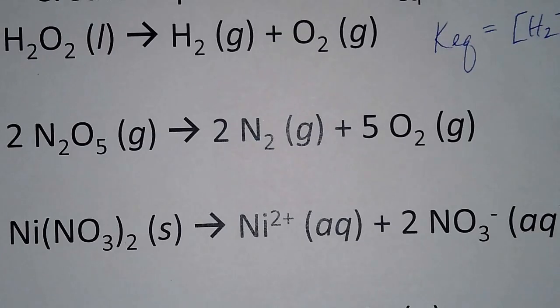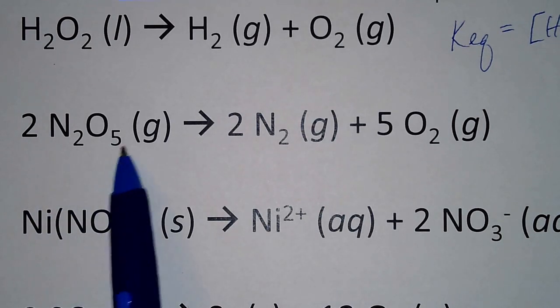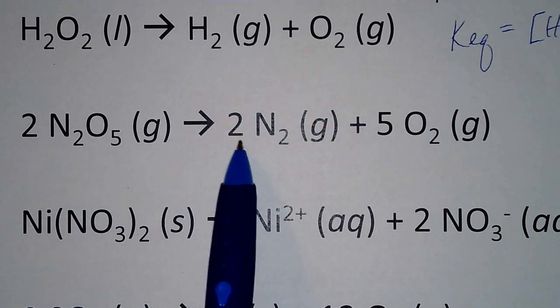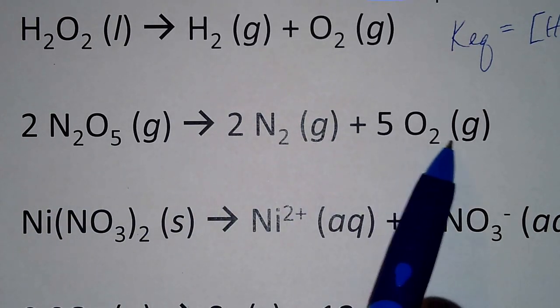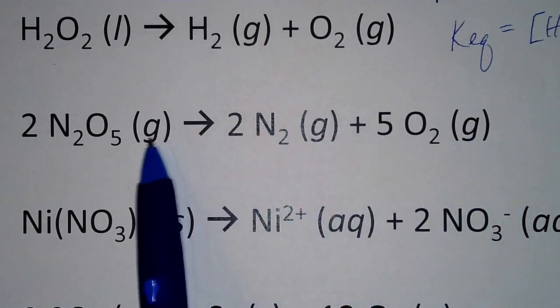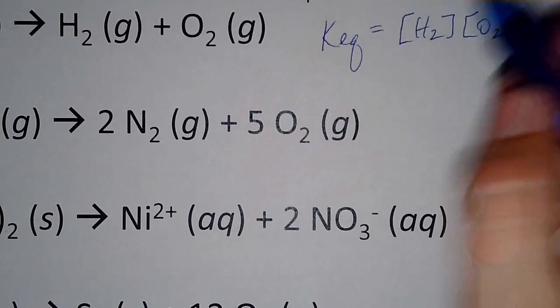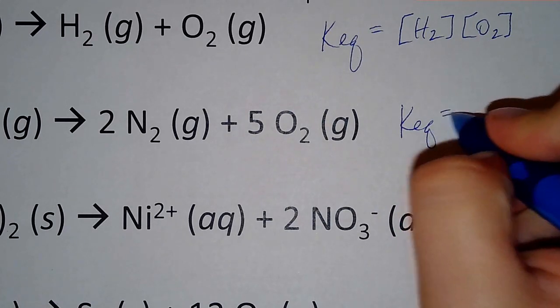For the second one, we have 2N2O5 as a gas, goes to 2N2 as a gas, and 5O2 as a gas. All three components are gas, so we're going to include all of them.